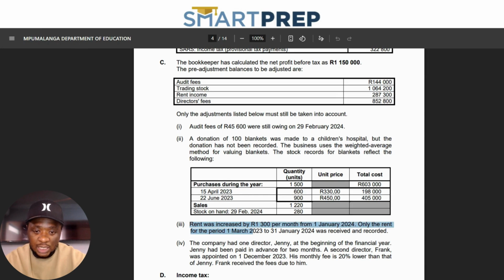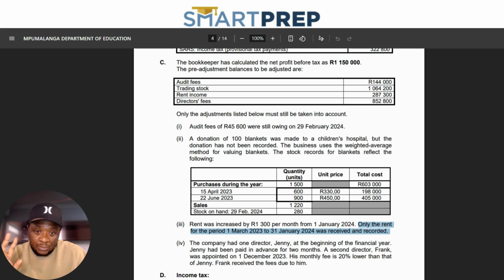It says rent was increased by 1,300 on 1 January 2024. Only the rent for the period 1 March 2023 to 31 January 2024 was received and recorded. So you can see that 1 March 2023 is the beginning of the financial year, and to 31 January 2024 means we received the rent only for 11 months in the current year.